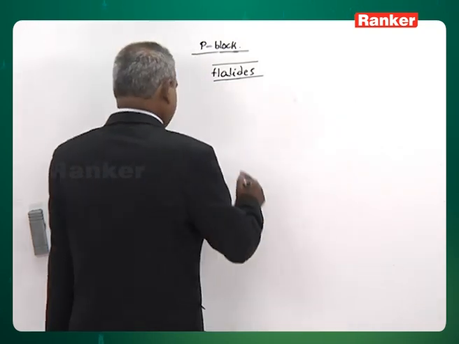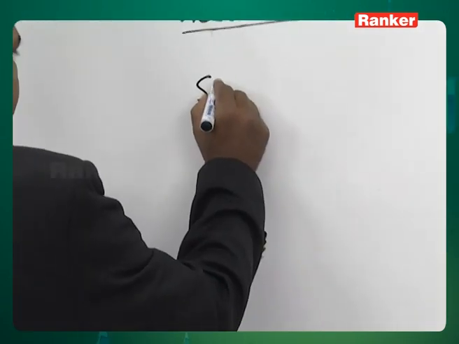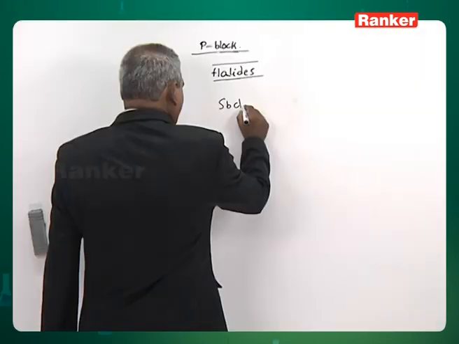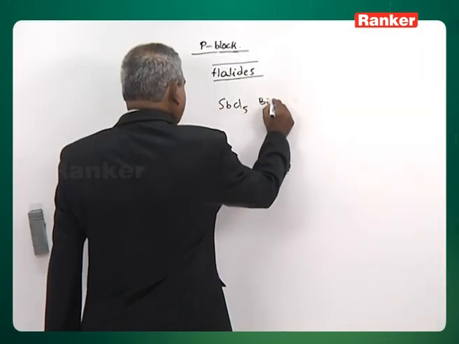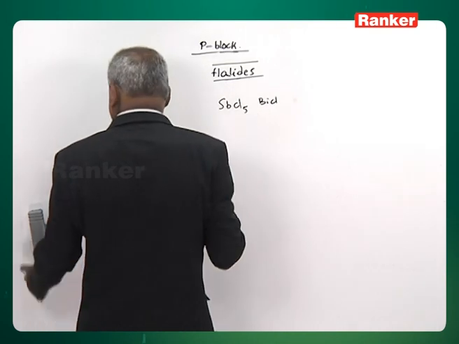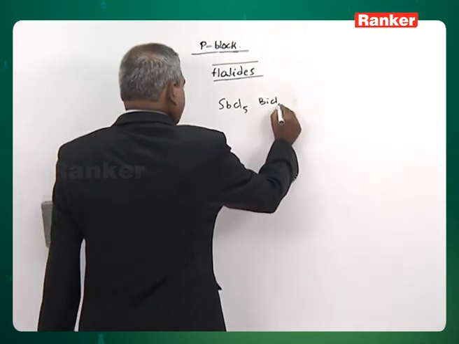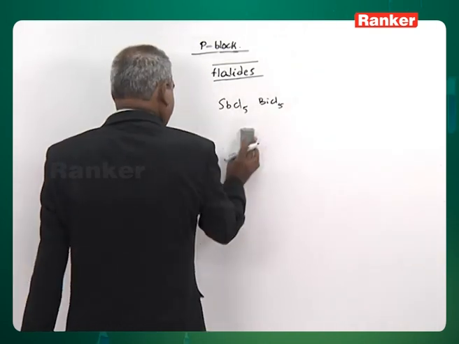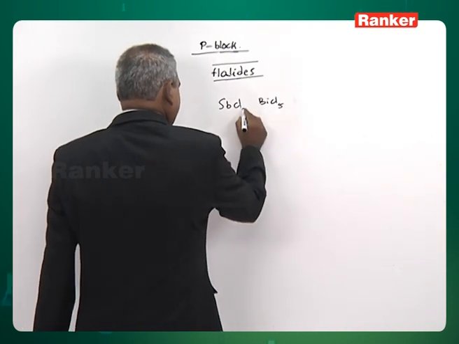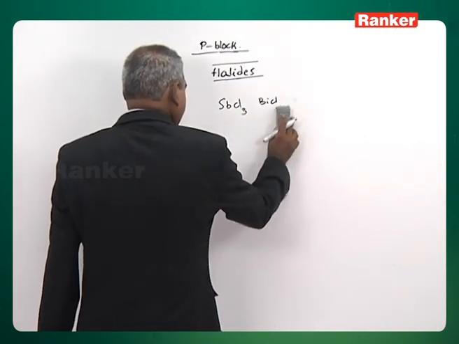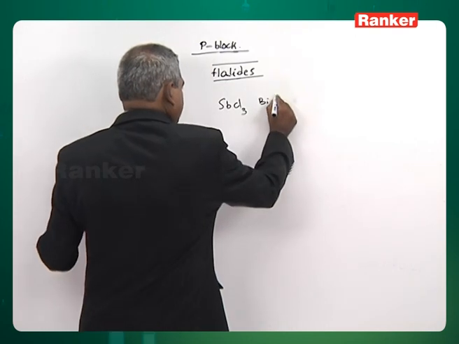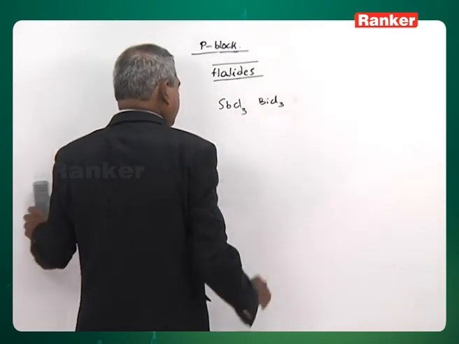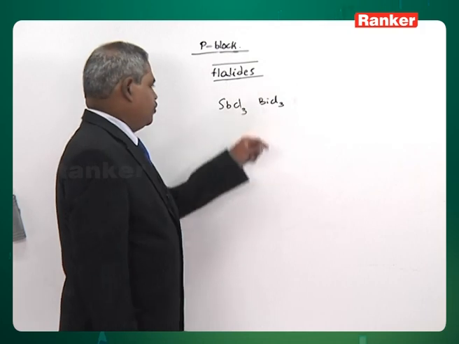Now, SbCl5 and BiCl5, I would say SbCl3 and BiCl3, because bismuth doesn't prefer to form pentahalides due to the inert pair effect.